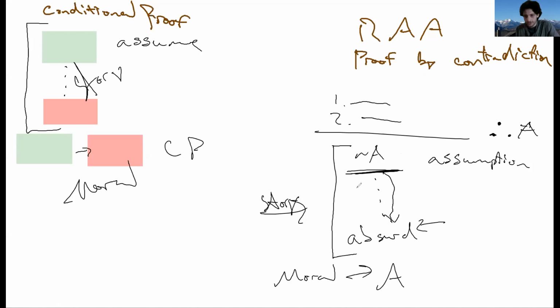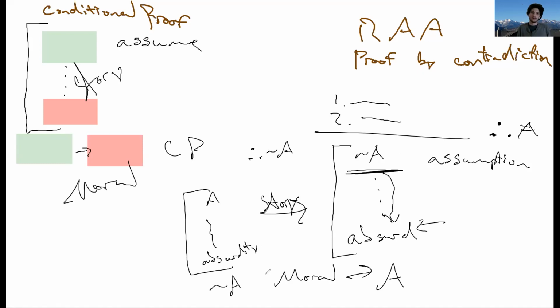And we actually can do the same thing the other way, right? If I wanted to prove to you that A was actually false, then I could do the same thing in the opposite direction. I could assume that it was true, get you down to some absurdity, and then you'd have to conclude, okay, then it must have been false at the end of the day.